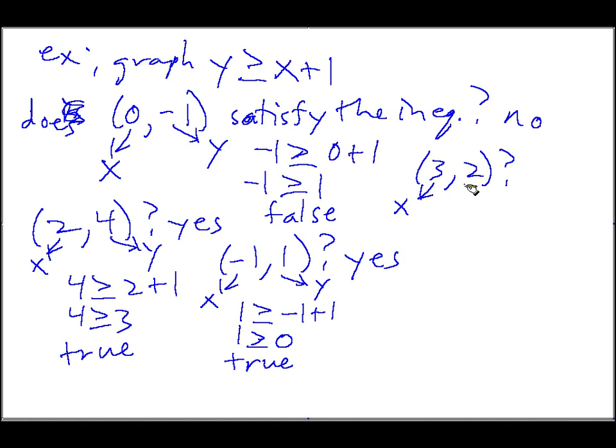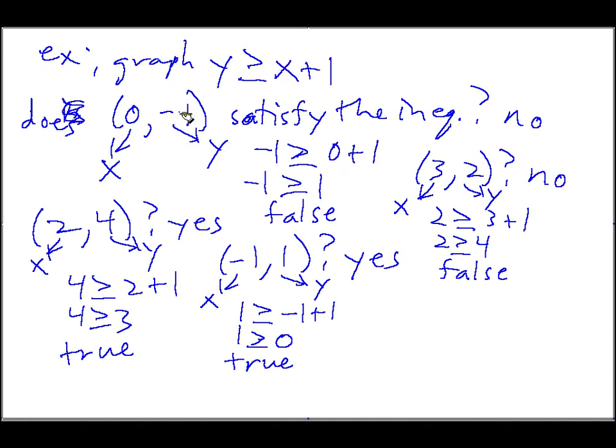So 3 for x, 2 for y. So 2 greater than or equal to, y greater than or equal to x plus 1, 3 plus 1. 2 greater than or equal to 4. Well, that's obviously false. 2 is less than 4, not bigger than 4. So the answer is no. This ordered pair does not satisfy this inequality.